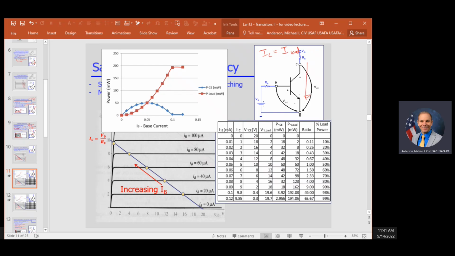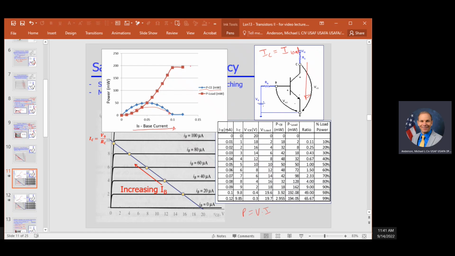So we see the voltage drop across the transistor and the voltage drop across the load. And then I calculated power by just doing, remember, power equals V times I. So that tells us the power going into the transistor and the power going into the load. And here's a plot. So notice, as the base current goes up, the power that is lost in the transistor, the blue line, decreases.